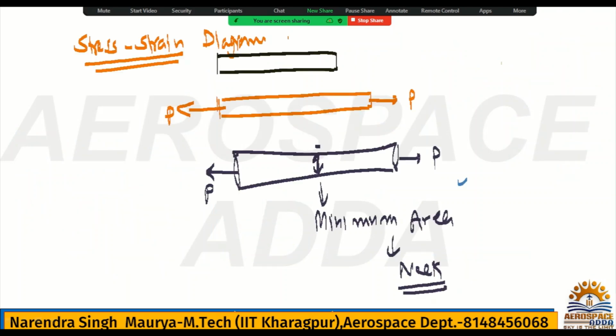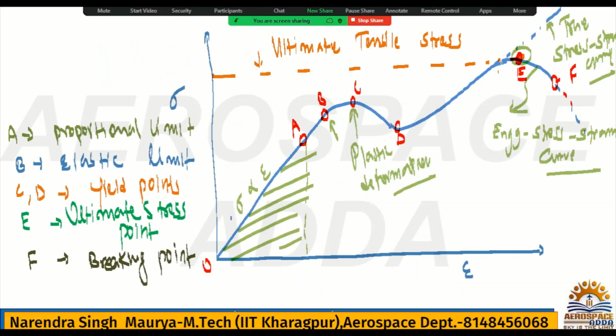Once you achieve the minimum area somewhere, it is called the neck. Necking means that at that point the area will be continuously decreasing. After point E, necking will start, and once it reaches point F, the material will fracture, meaning it will break down.